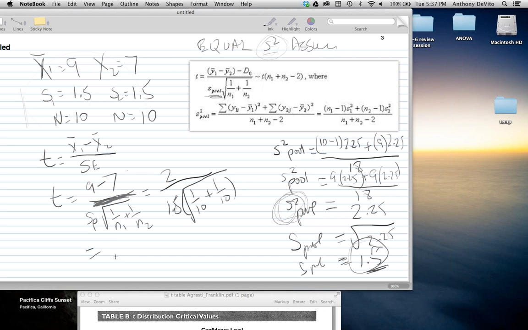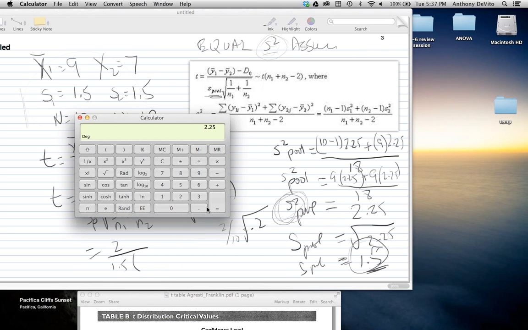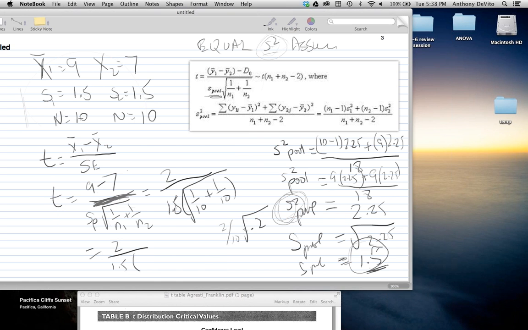Okay, so that's 2 over 1.5 times the square root of, 1 over 10 plus 1 over 10 is 2 over 10, which is 0.2. Let's calculate that. I think it's 0.141. Let's see, clear, square root of 0.2. It's 1.48, I'll call it.